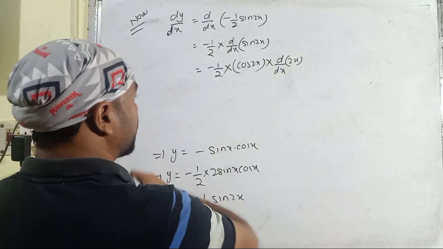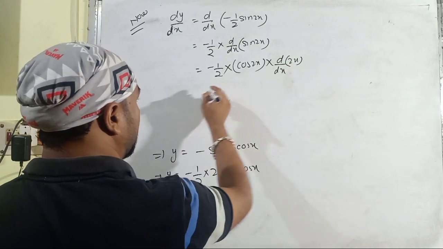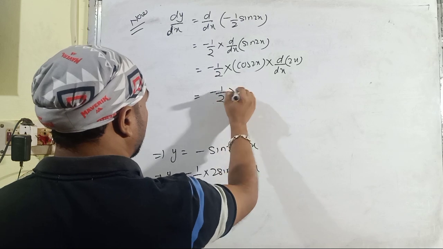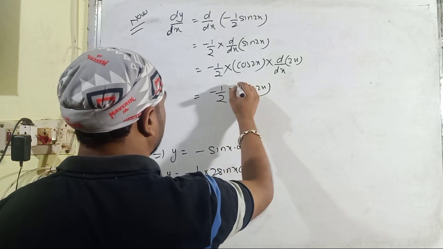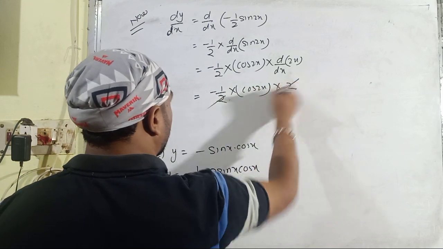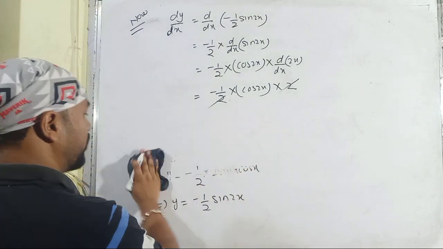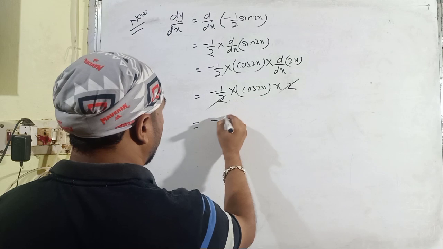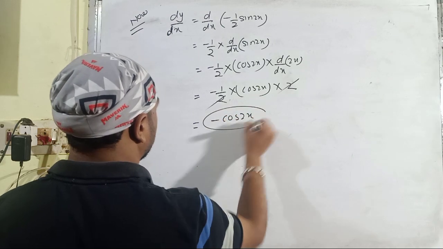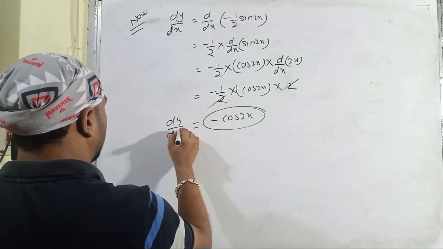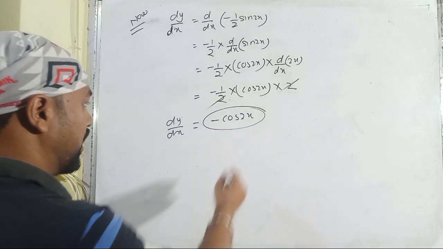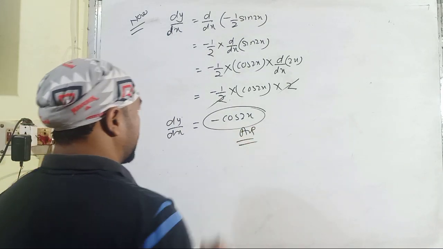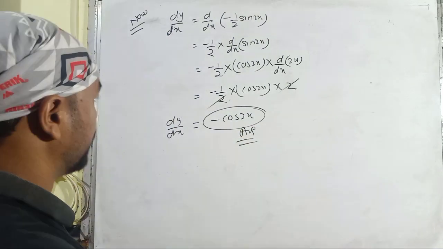Then differentiation of 2x with respect to x, it is 2. So minus 1 upon 2 multiplied with cos 2x multiplied with 2. So cancelling 2 from the numerator and denominator, we have the result is here minus cos 2x, and this is the differentiation of y with respect to x, and here it is the answer for the problem number 20.